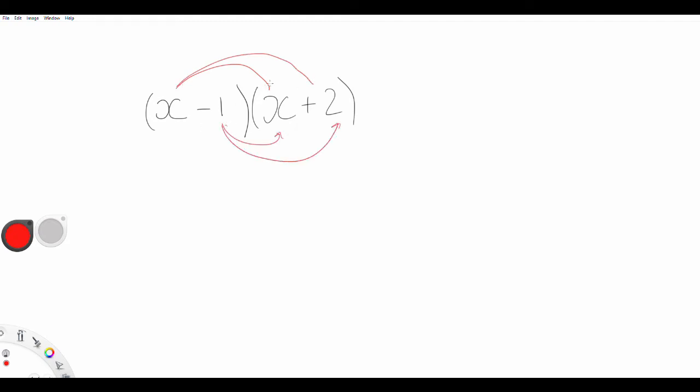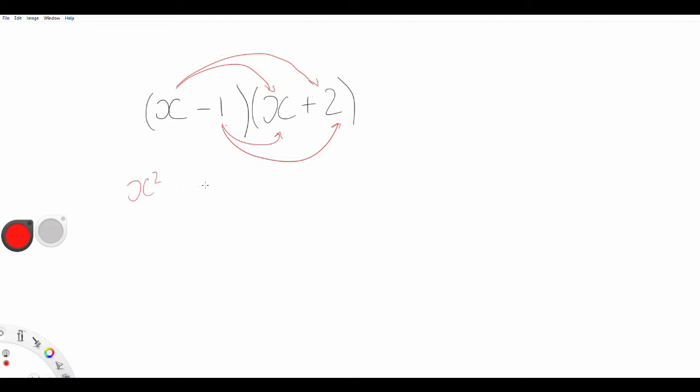Previously we said if we had two brackets, and we can use the example x minus 1 and x plus 2, then if we were going to expand them out, we need to times all the terms by each other, like so. So we can take x times x, it's going to give us x squared.